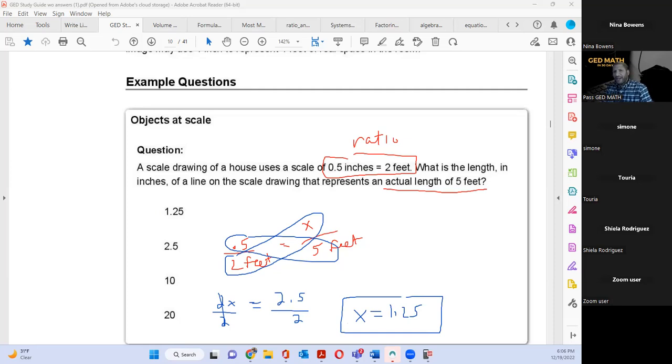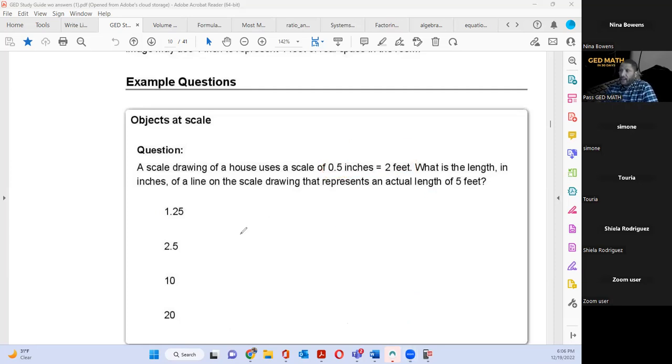Now, I'm going to show you a common sense way to do it. If I know 0.5 inches is 2 feet, then 0.5 is also what fraction? No, I didn't say what percent. 0.5 is what fraction? 5 tenths.